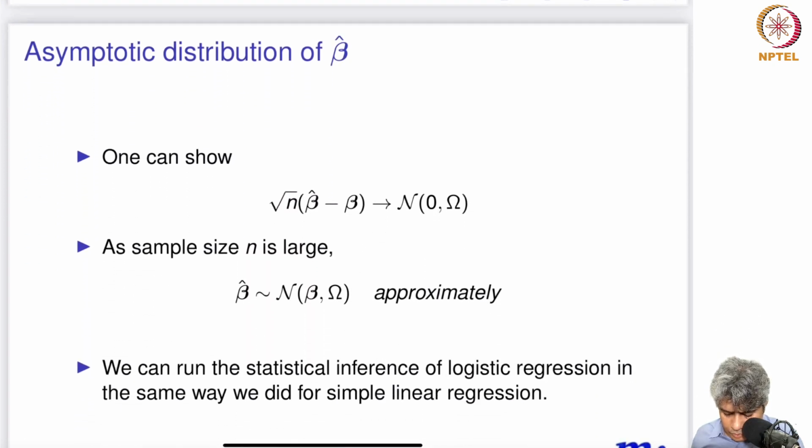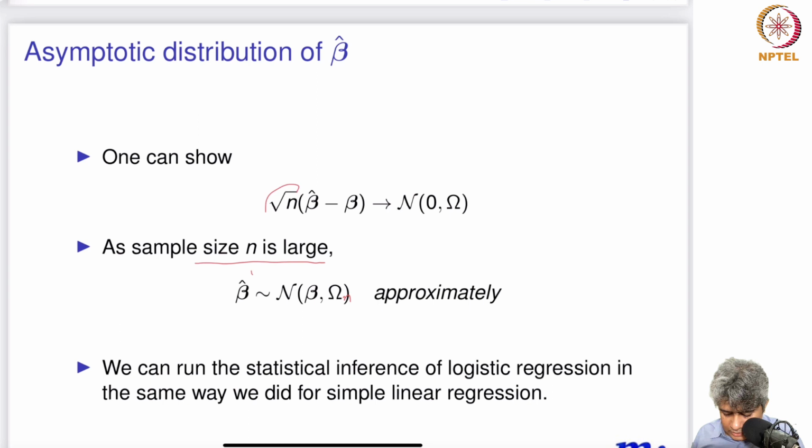As the sample size n is large, approximately, the sampling distribution will converge to a normal distribution centered around the mean with some covariance matrix omega n.